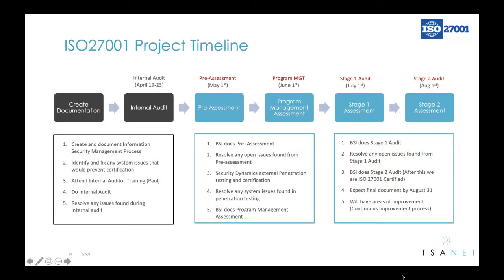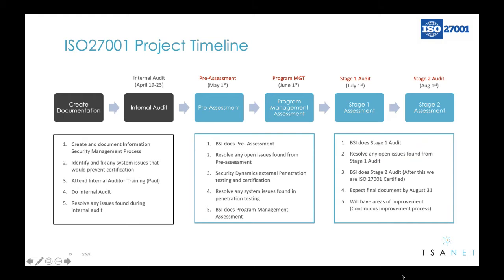So moving in a little more detail of ISO 27001. If you're familiar with it, this is probably quick review, but if you're not, hopefully it gives you a sense of really what's involved in getting ISO 27001 certification. We have this stage that we're going through now, where we are creating our information security management process.